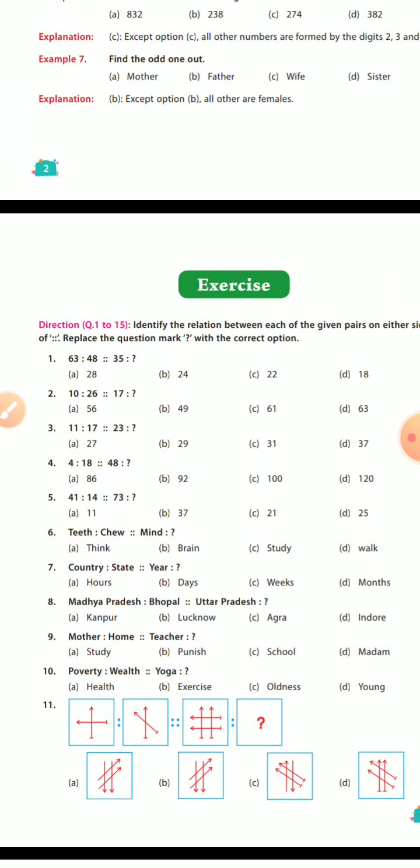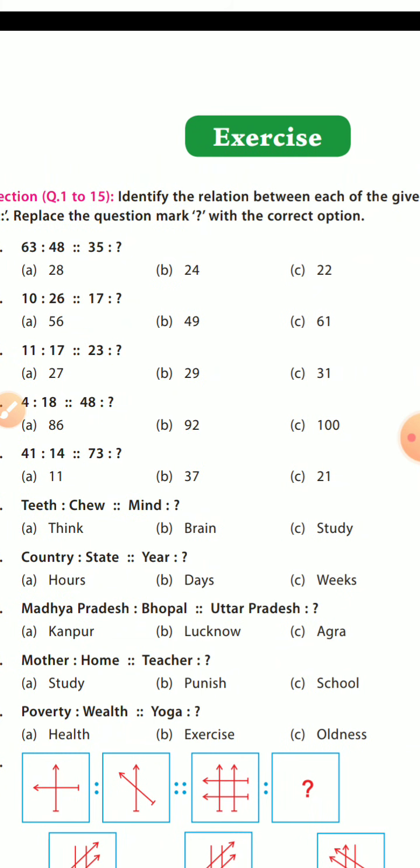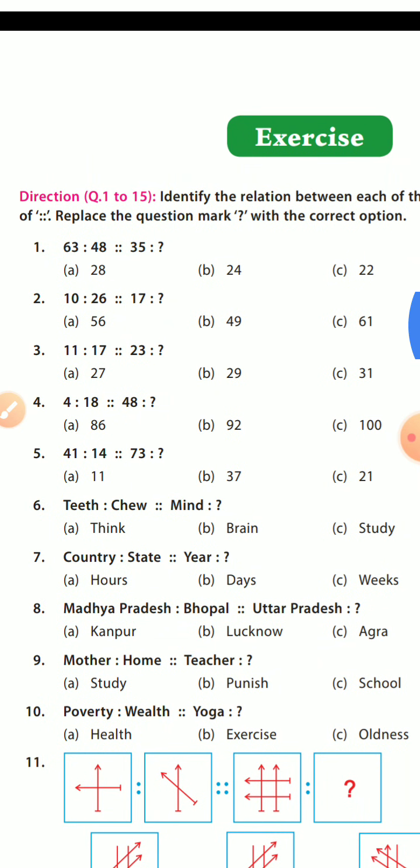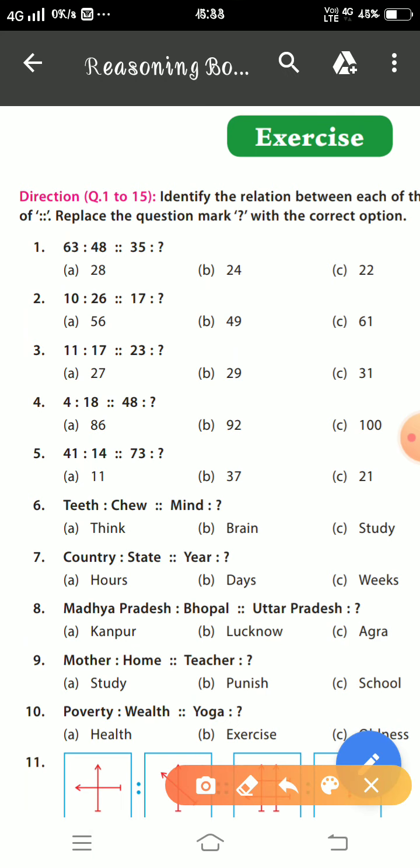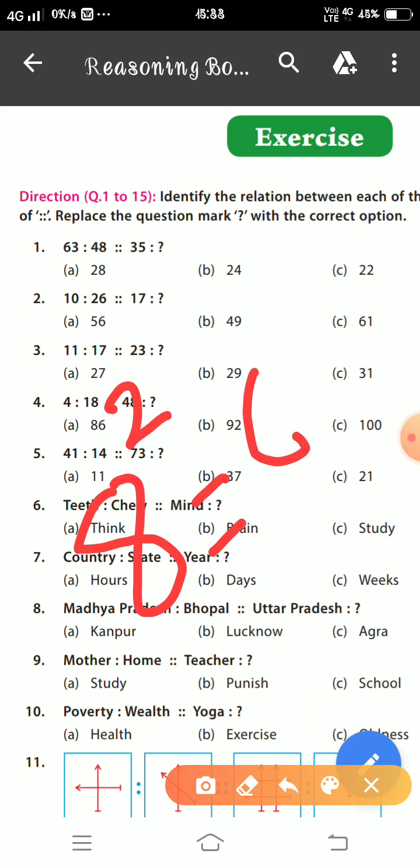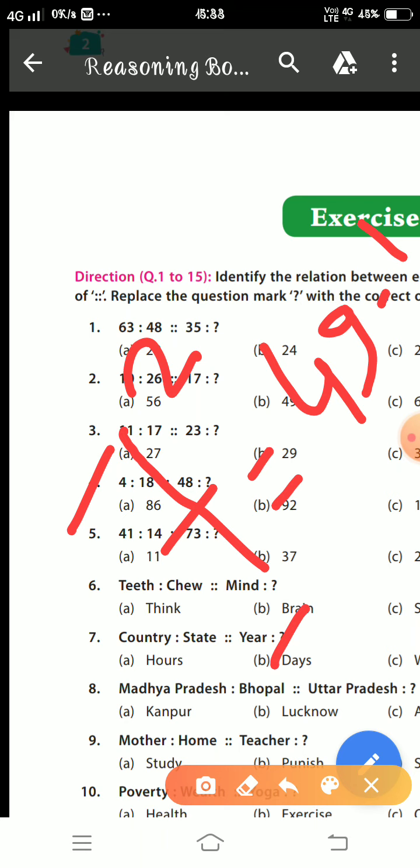Let's begin with the first question: 63 is to 48, then what will be the answer for 35? We know that the square of 8 is 64, and if we subtract 1, it will be 63. In the same manner, the square of 7 is 49, and if I subtract 1, it will be 48.